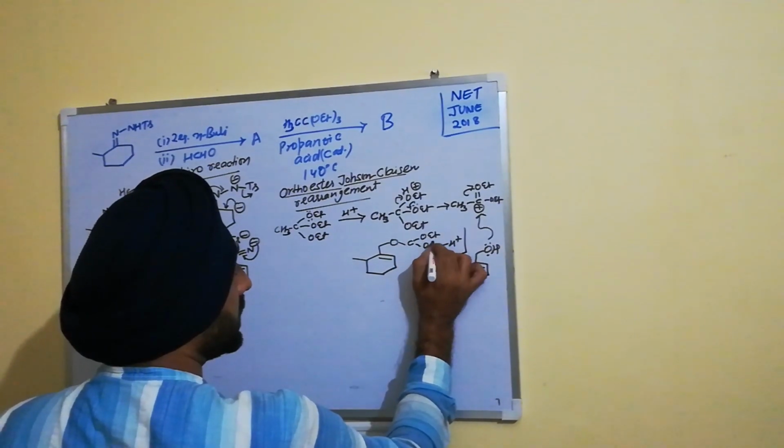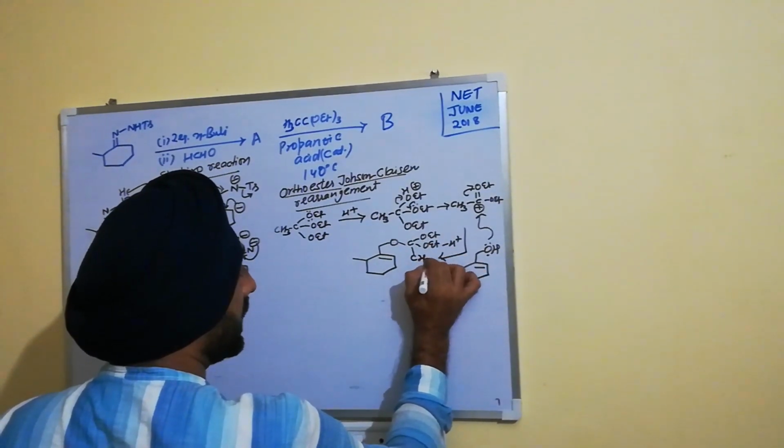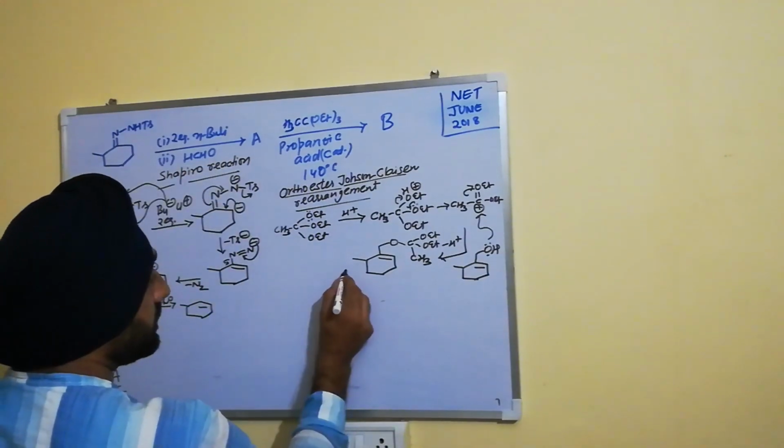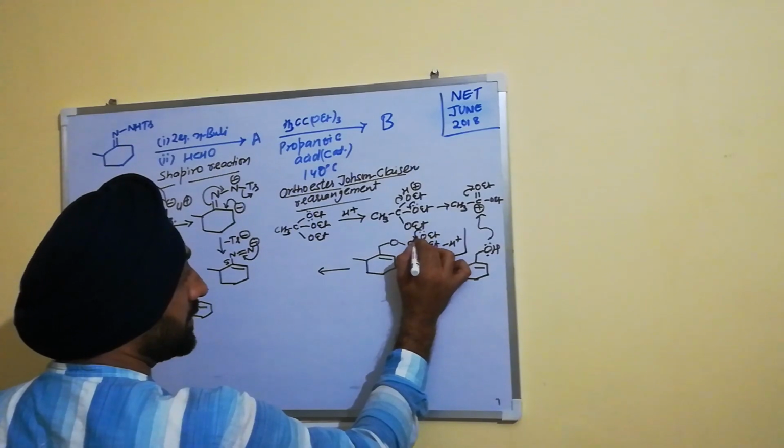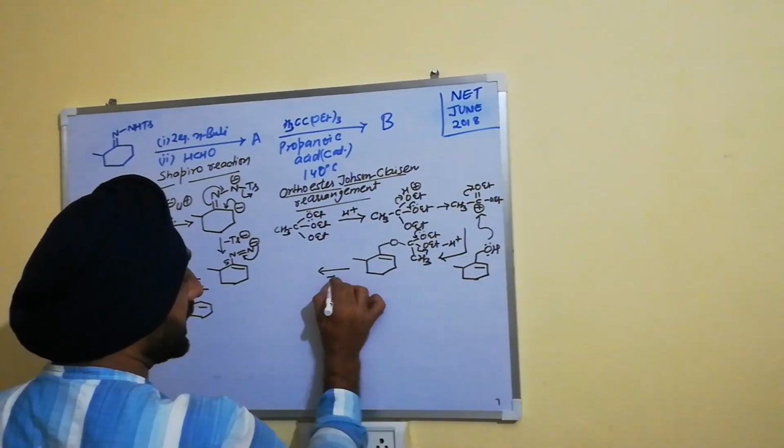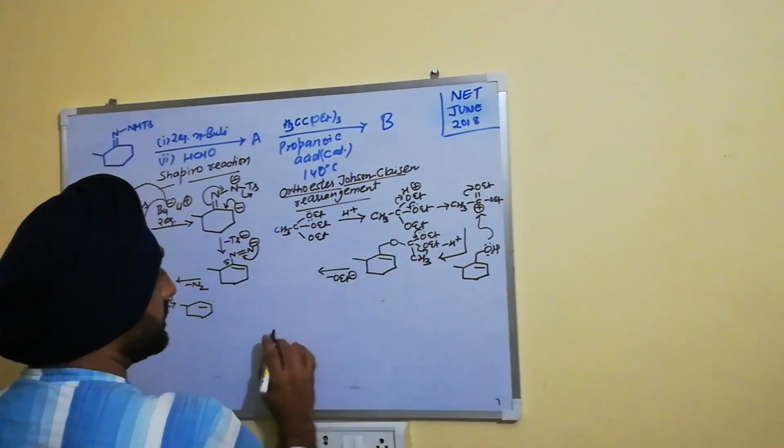Next, this comes back and this leaves as the ethoxide ion.